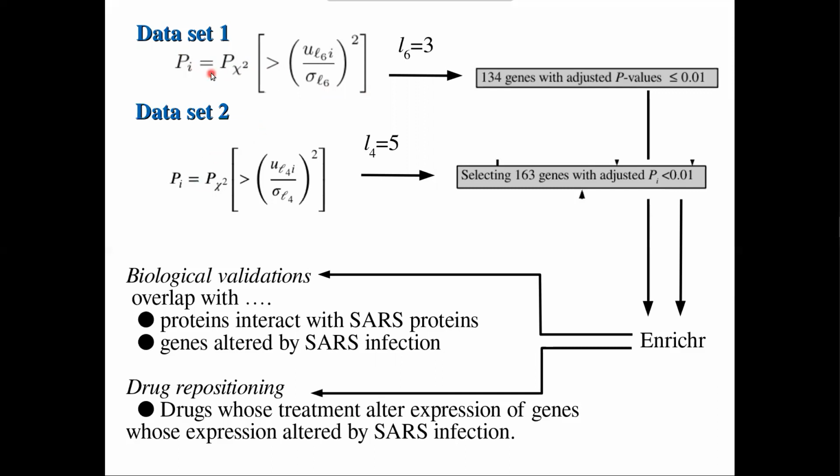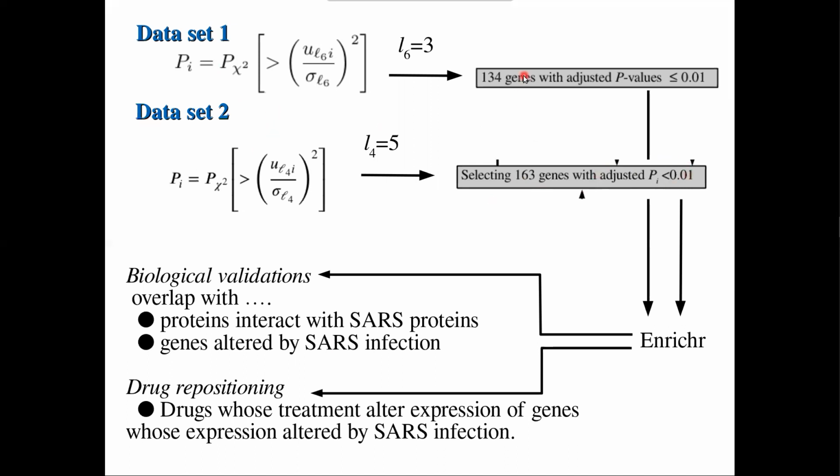Then these p-values are corrected by the Benjamini-Hochberg criterion, assuming multiple comparison correction. Then we have found 134 genes are associated with corrected p-values less than 0.01 for dataset 1, and 163 genes are associated with corrected p-values less than 0.01 for dataset 2.